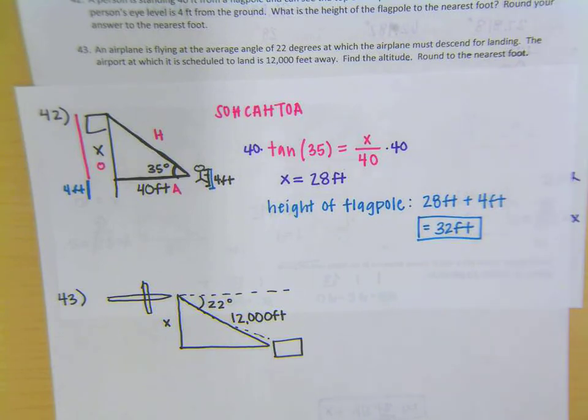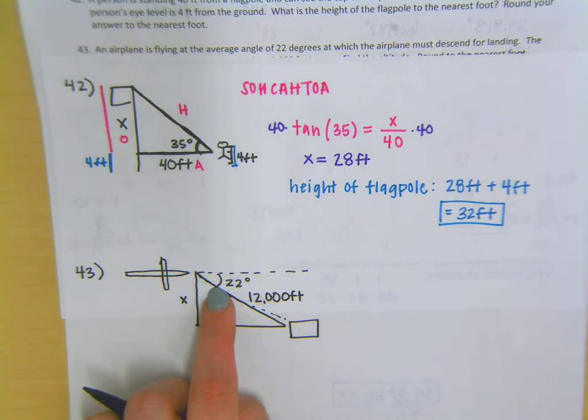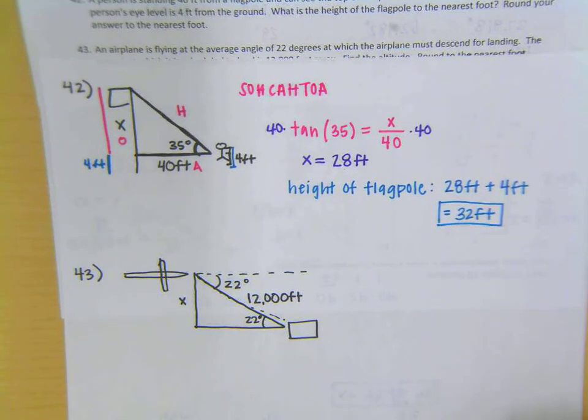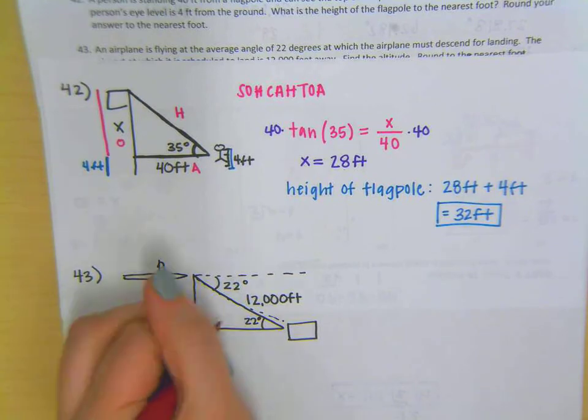So again, we're going to use SOHCAHTOA. Right now, our angle is not in the triangle. So we have to get it into the triangle by using the alternate interior angles theorem. So if we have that 22 is here, we're also going to know this is 22 degrees here by the alternate interior angles theorem. Alright, so then we're going to label our triangle.